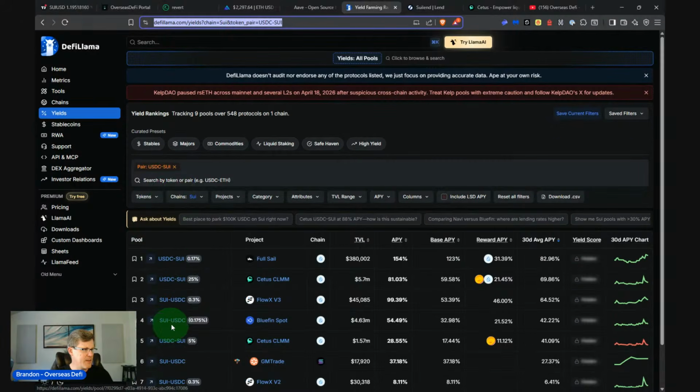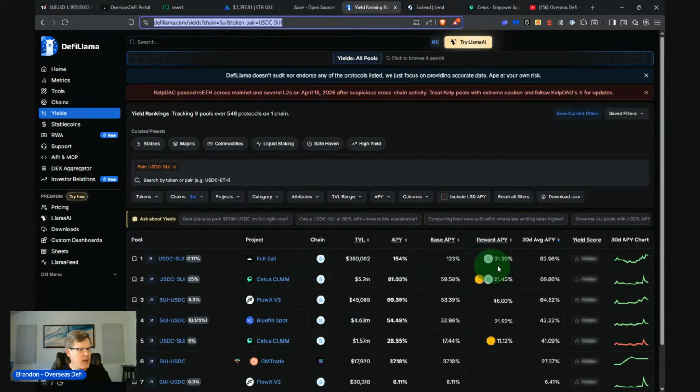It has given me a ranking of which pools are paying the best yield. Yield is a function of volume and how many people use this pool and that pool to do their trading. It all factors in. What I like to do is look at the 30-day average APY. This is giving us an idea of the annual yield based on the last 30 days.